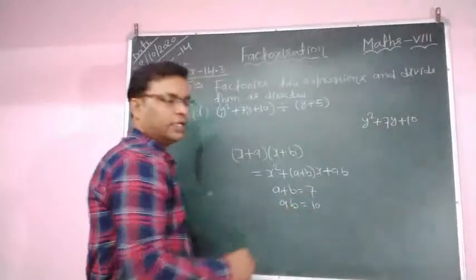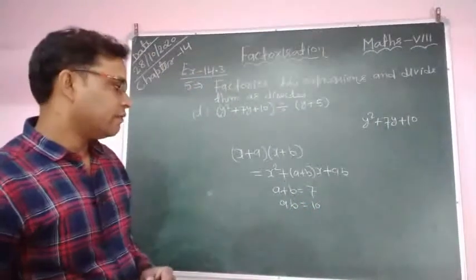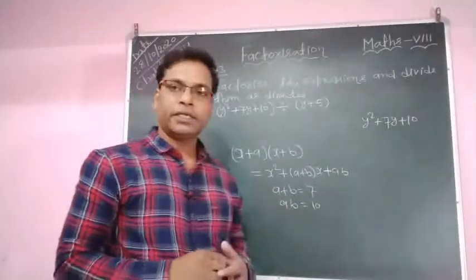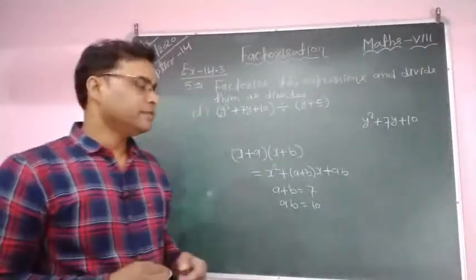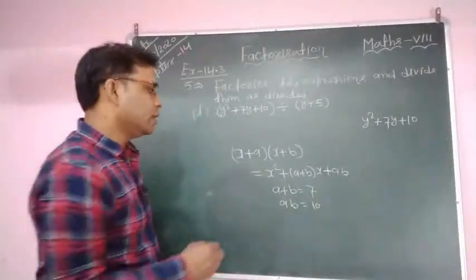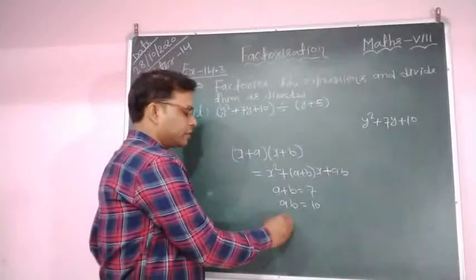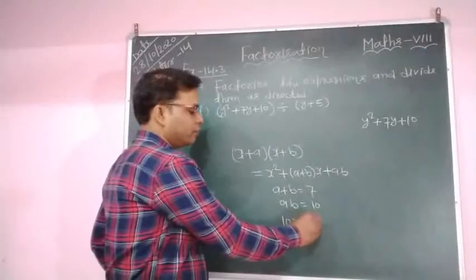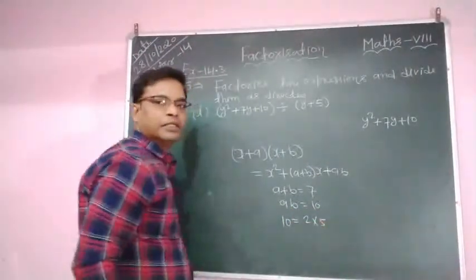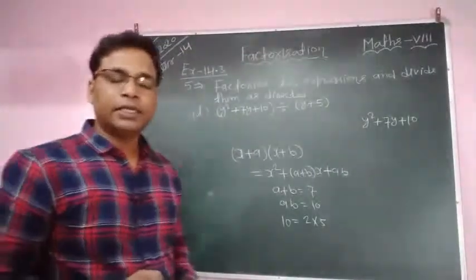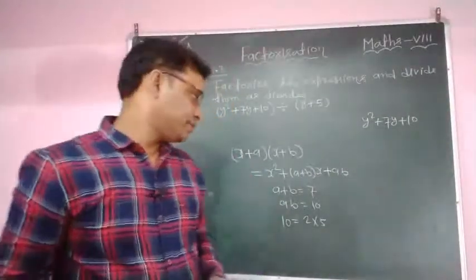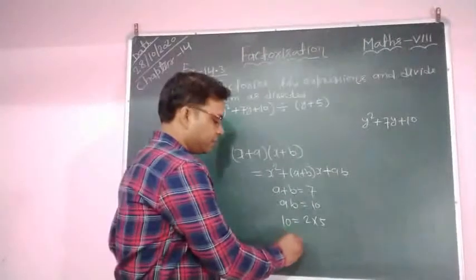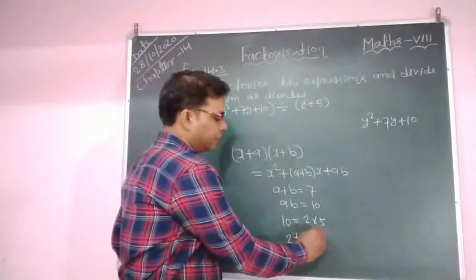It means that we find the factors of 10 such that their sum is 7. So you know that the factors of 10 are 2 into 5, and also 10 into 1.